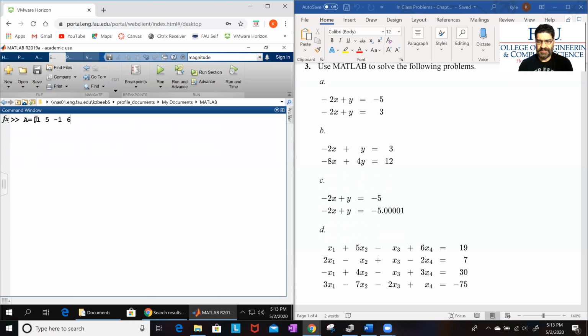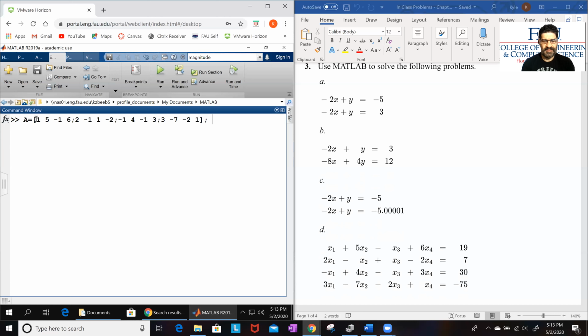And then semicolon, 2, minus 1, 1, minus 2, semicolon, third row, then -1, 4, minus 1, and 3, semicolon, and then the last equation 3, minus 7, minus 2 and 1, and close.